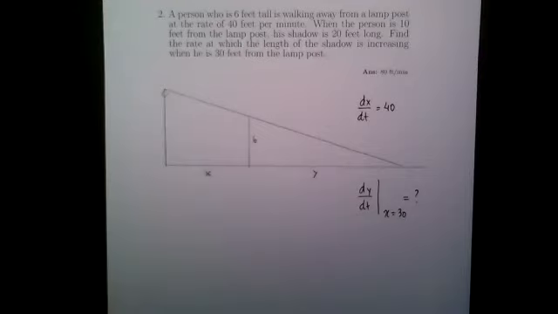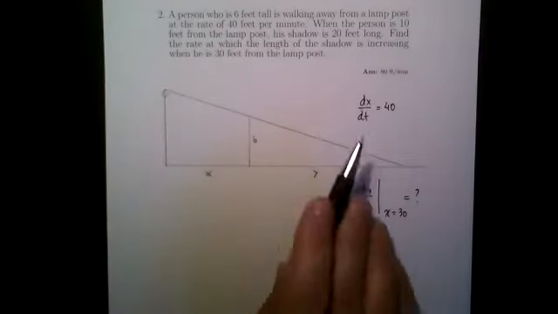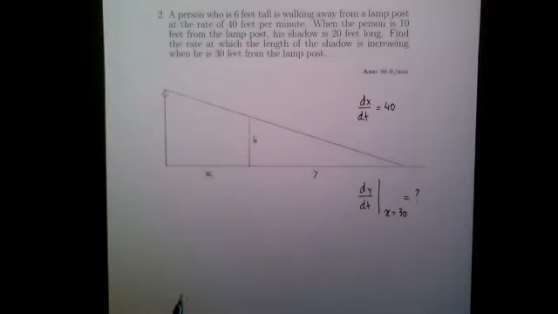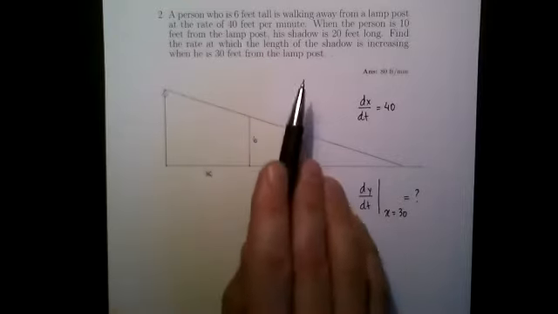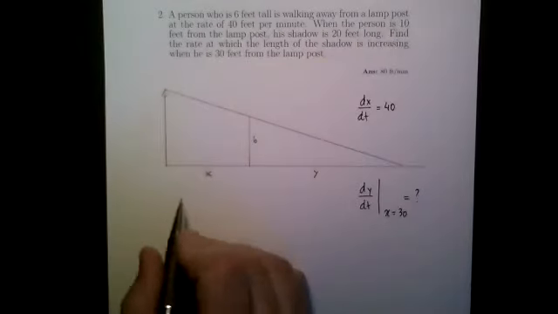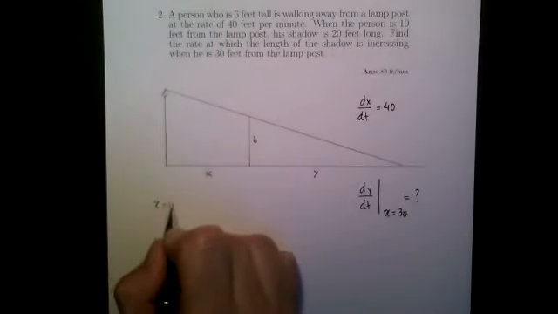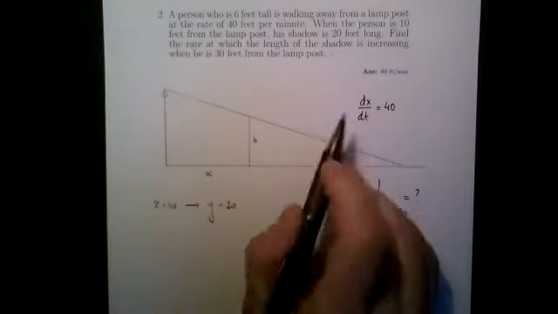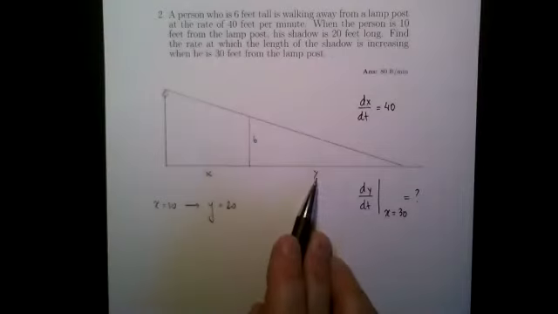So I need a relation between x and y. So they give me one piece of information. The information they give me is that when he is 10, if x is 10, it means that y is 20. That's given to me. His shadow is 20.